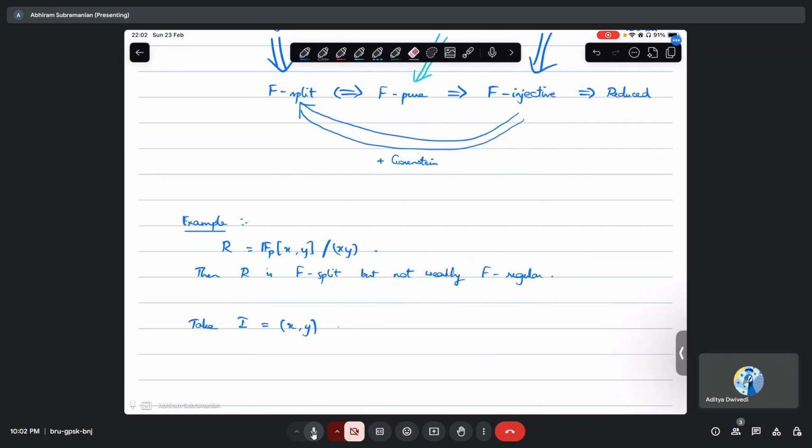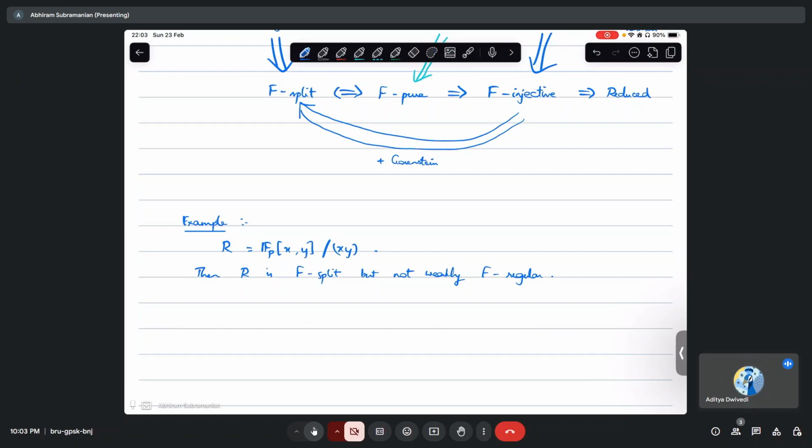What about x square comma y square? Is I star equal to I? I'll leave that as an exercise. I can't immediately think of the argument for that. Maybe I'll deal with this next time.